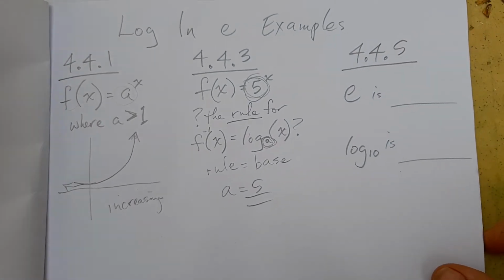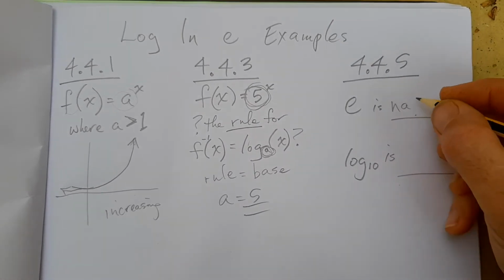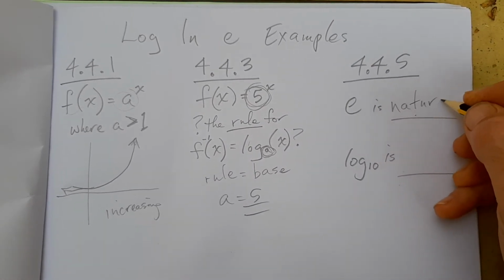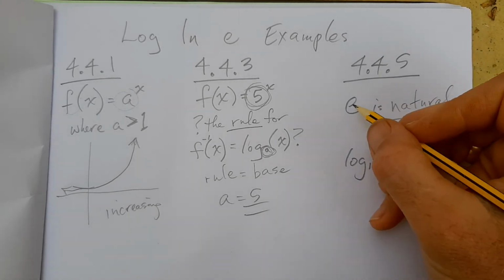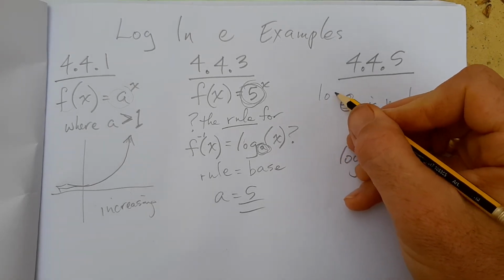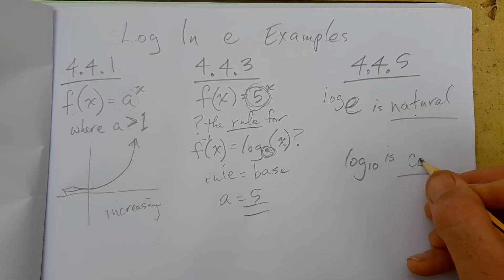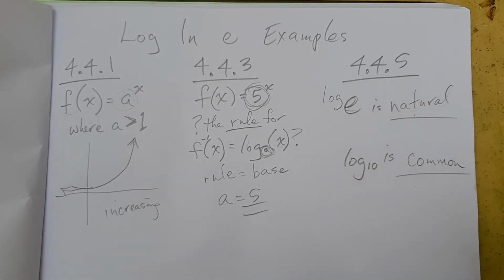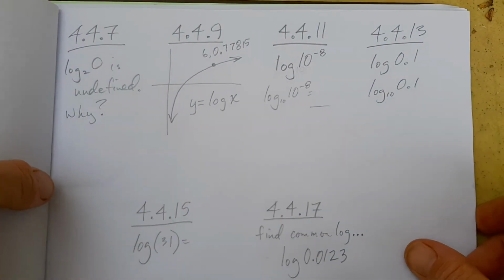Hopefully you guys understand this. E is the natural growth, natural logarithm. That's the base, okay? Log base e is the natural logarithm. Log base 10 is the common logarithm.